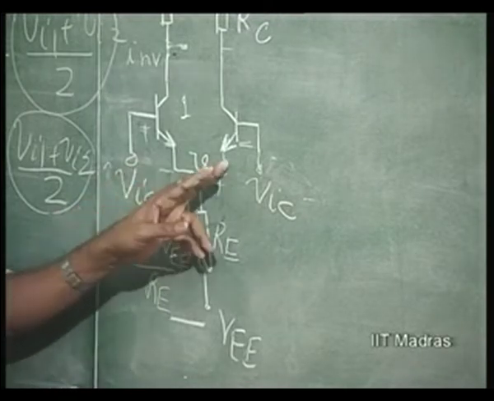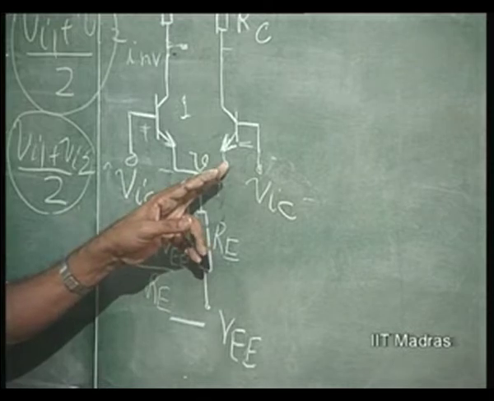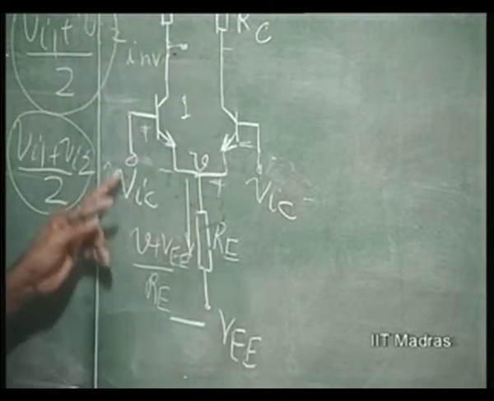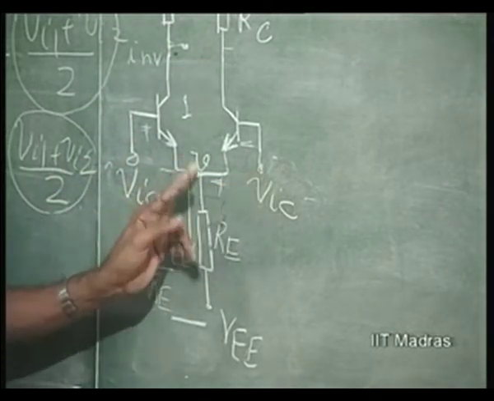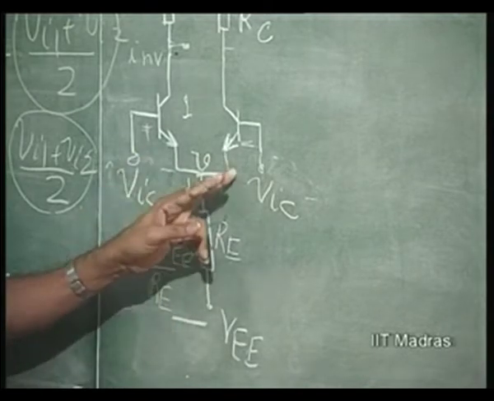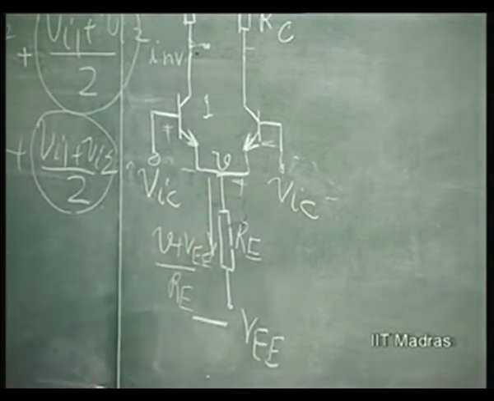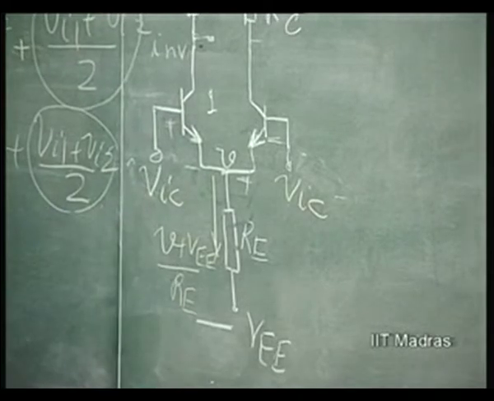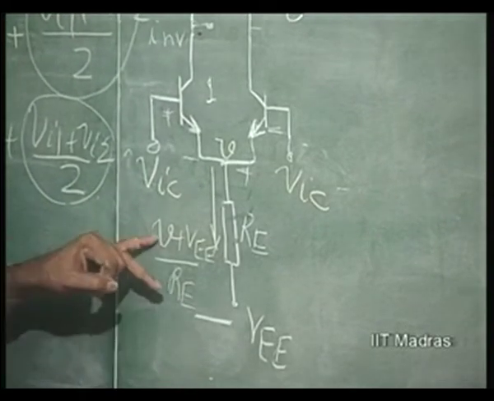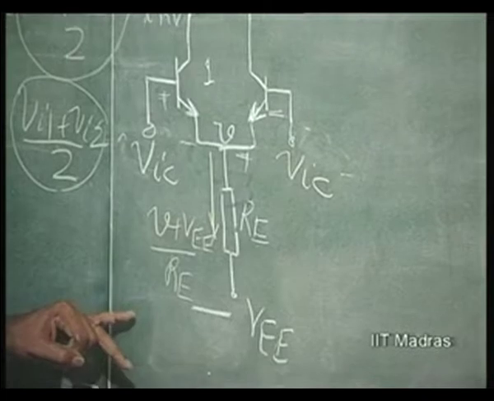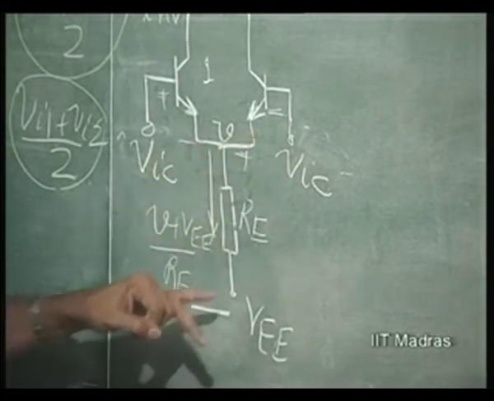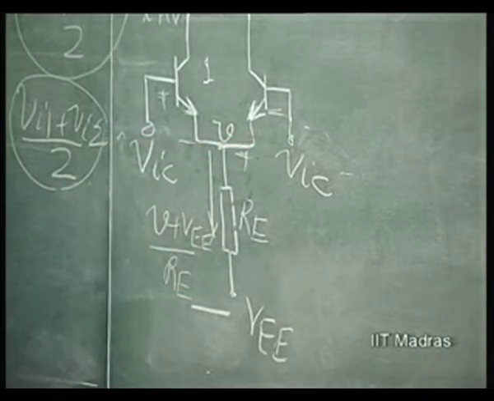What about the two currents here? Because it is symmetric, this is VIC, this is VIC, this is a single current component, they will be equally divided. That means the two currents here can be V plus VEE by 2 RE, V plus VEE by 2 RE. Is this clear or not? Okay.